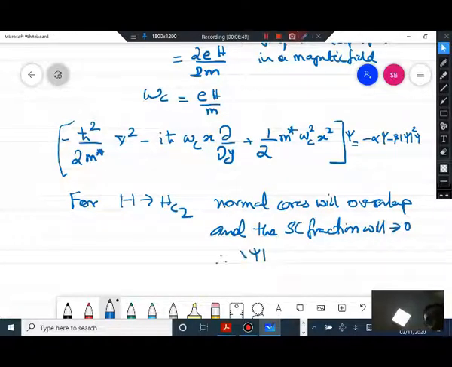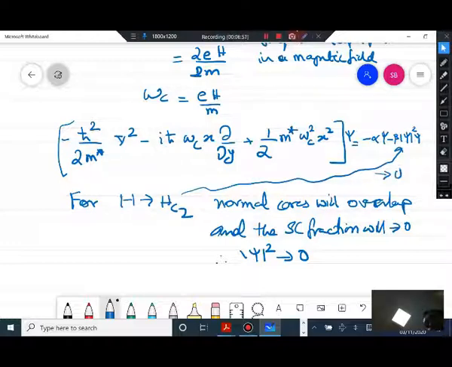Therefore, mod of psi square will tend to 0. As this happens, for H tending to Hc2, this term will tend to 0 in comparison to minus alpha.